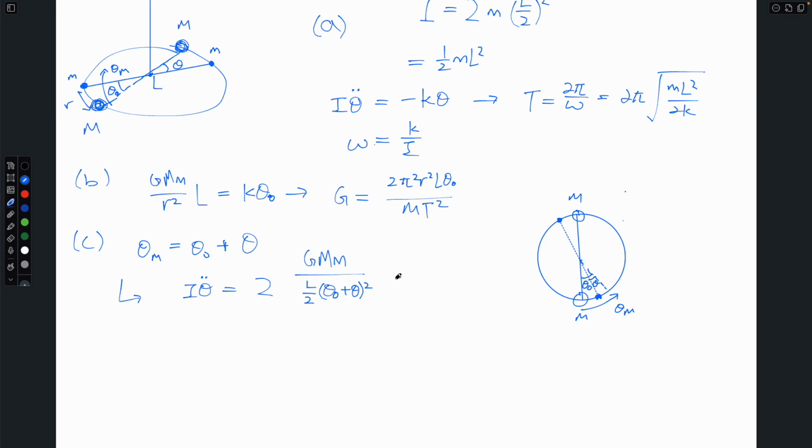And don't forget this is torque, so we also need to remember that there is a length term, which is L over 2, right? Oh yeah, right. Sorry.